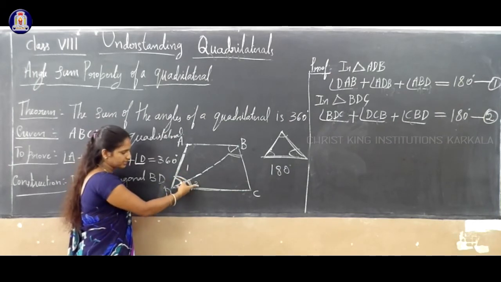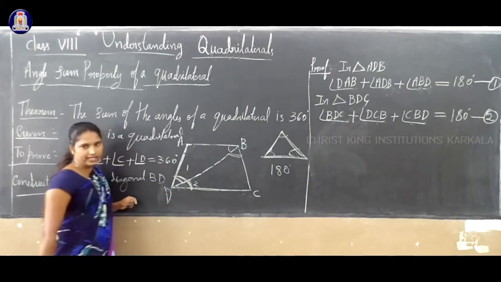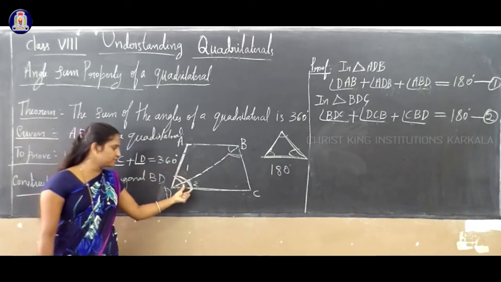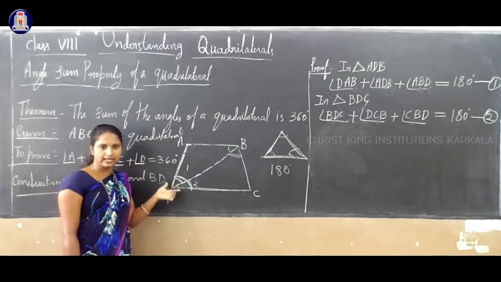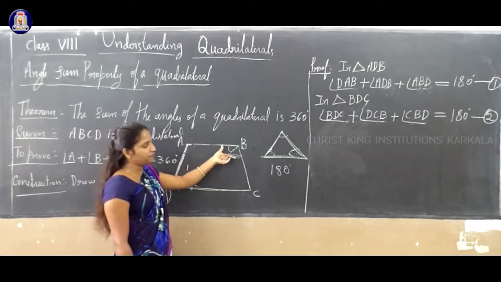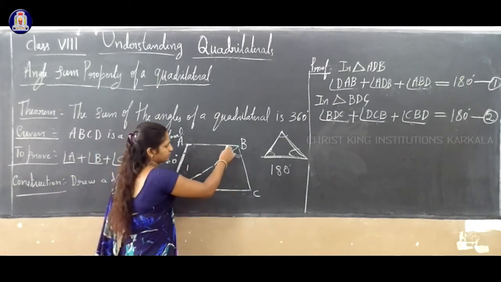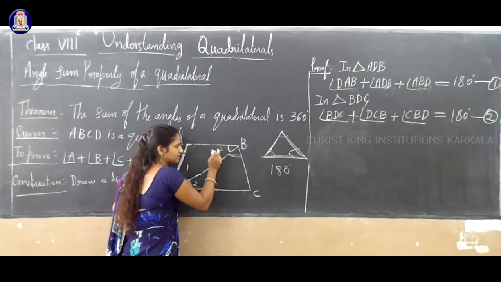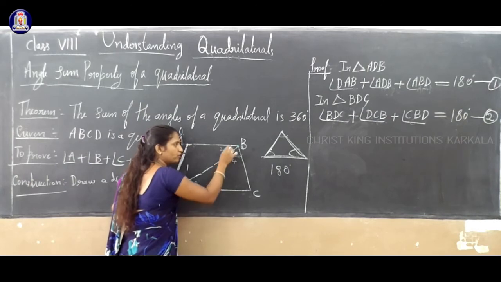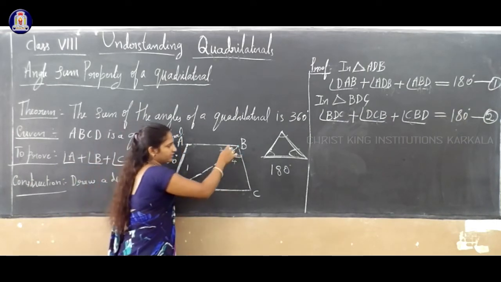Correct? So this part and this part, if you add, we get angle D. Similarly, we want angle B. So what you have to do? You have to add this angle plus this angle. Means this we can consider 3 and this is 4. So if you add 3 plus 4, you get your angle B.